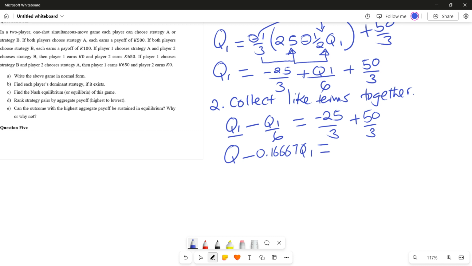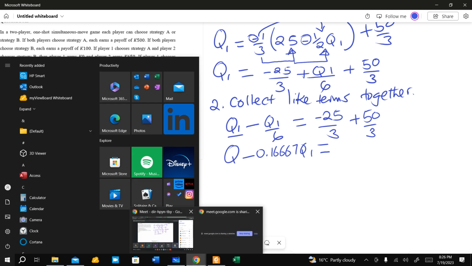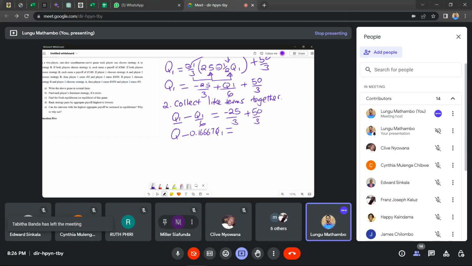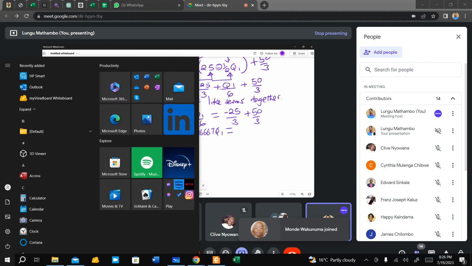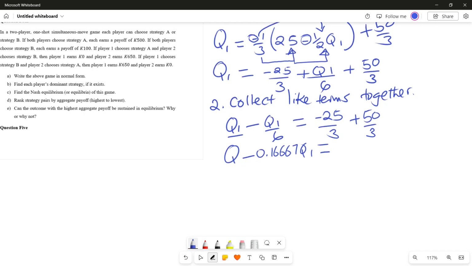Now another hint: on the right the denominator is the same. These are gymnastics that we use. Every time you are dealing with fractions and you notice that the denominator is the same, that makes the work easier. You just add the numerators, the top numbers, then maintain the denominator.